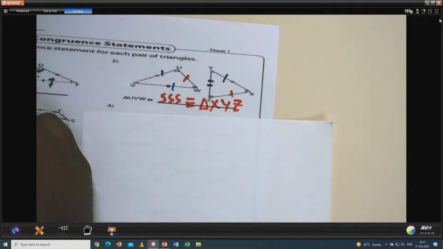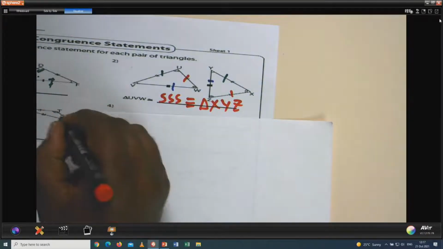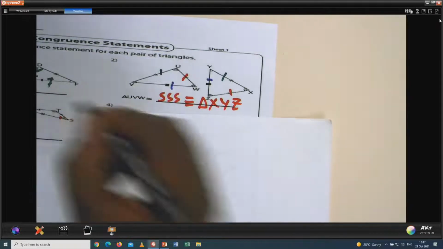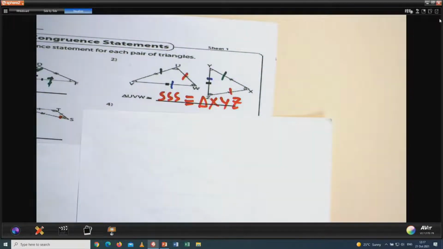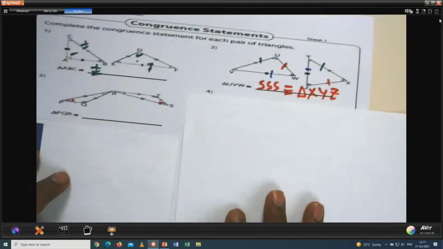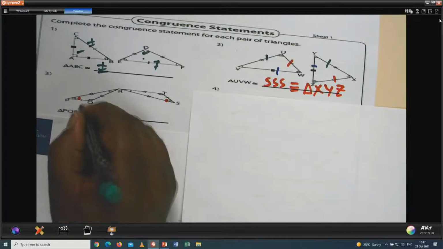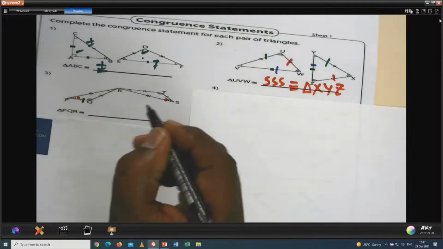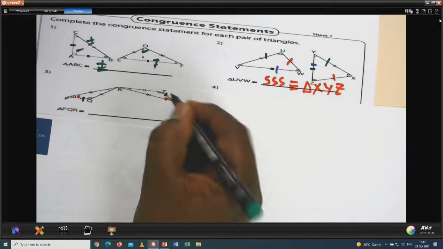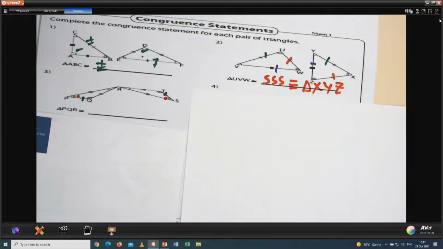We can see this angle equals this angle. Right, that angle is equal to that angle. We can also see that this side is equal to that side. Right? So it's an angle, side.